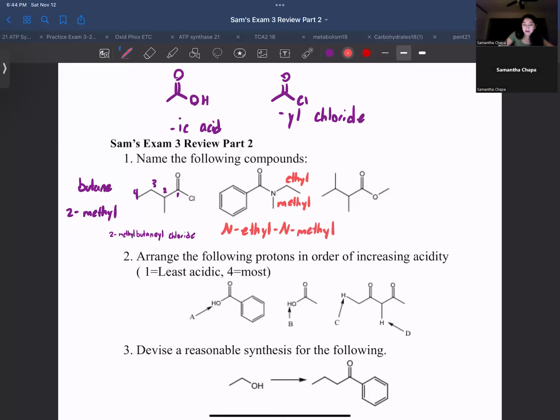And then you name the parent. The parent for this one is benzamide. Just because you have the substituents, you're adding them in the beginning, but it'll be N-ethyl, N-methyl benzamide. Let me check myself. Look, we're good.